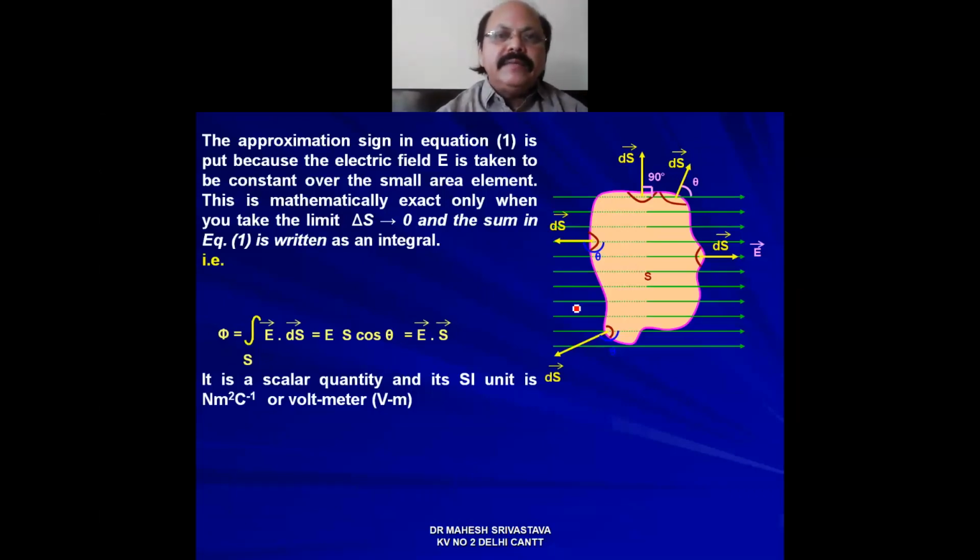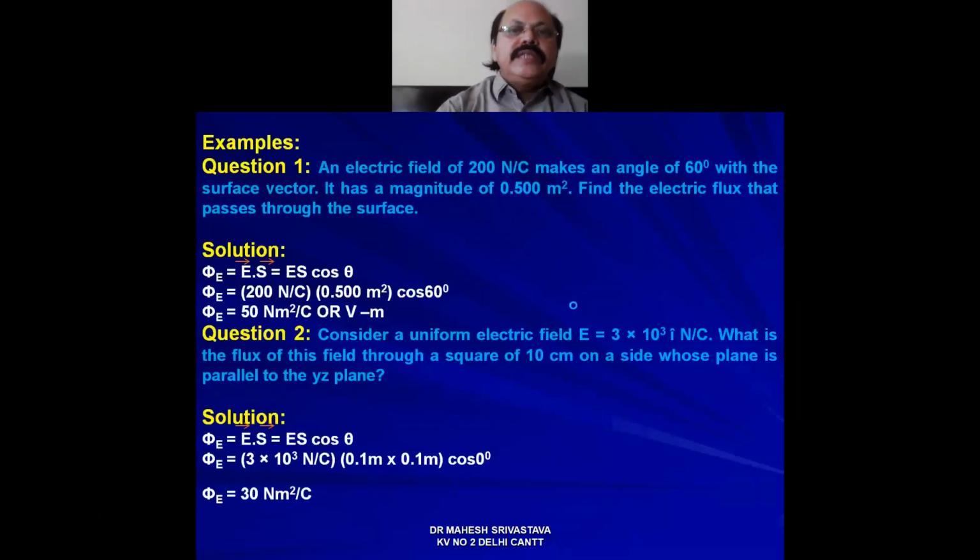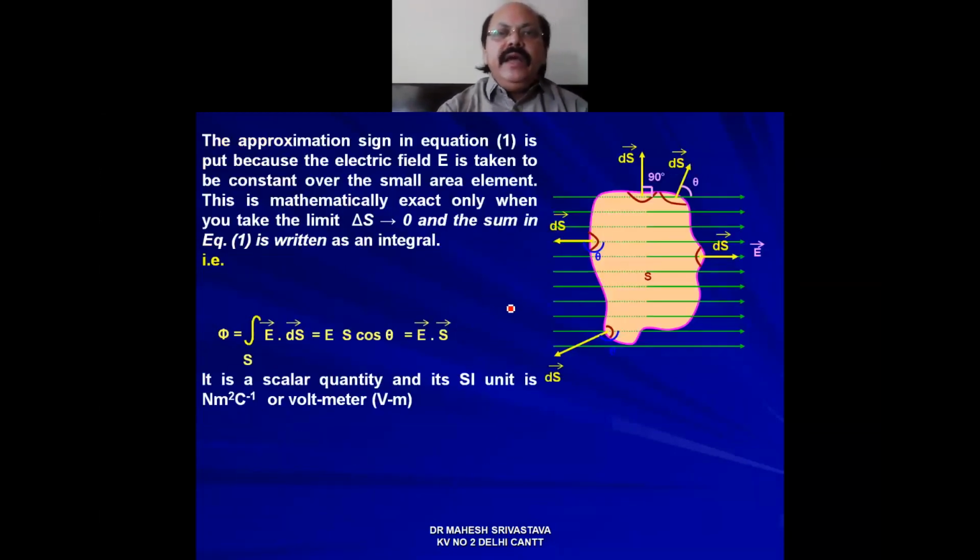That's why mathematically, exactly if you want to write, then we say that we can put a limit delta S tends to 0. Then the summation in equation 1 can be written as phi equal to surface integral E dot ds equal to Es cos theta, or dot product of E vector and S vector.